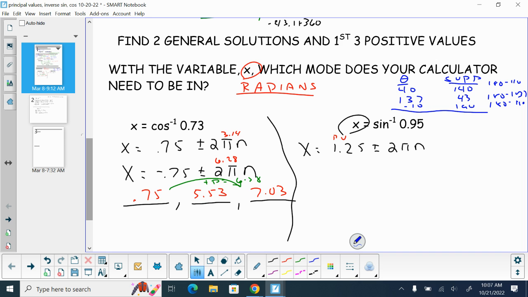Let's now change our world to x. If my x is 1.25, I'm now in the radian world. What should we do to find the supplement in the radian world to 1.25?